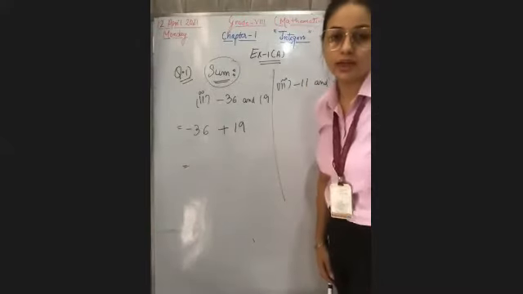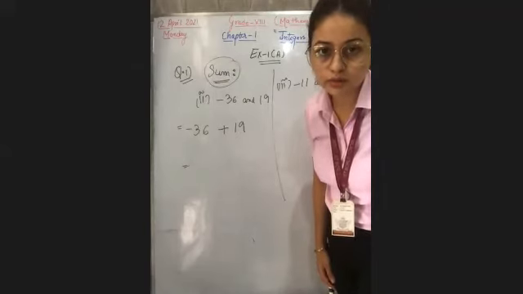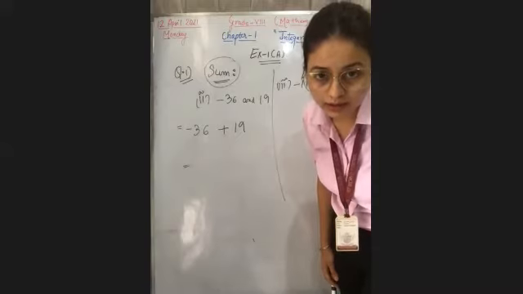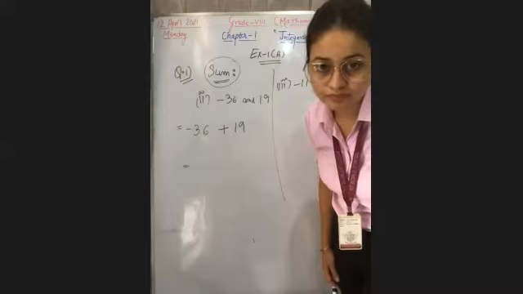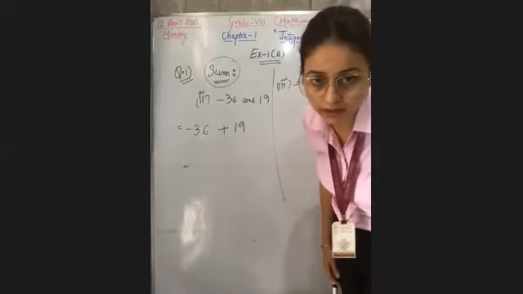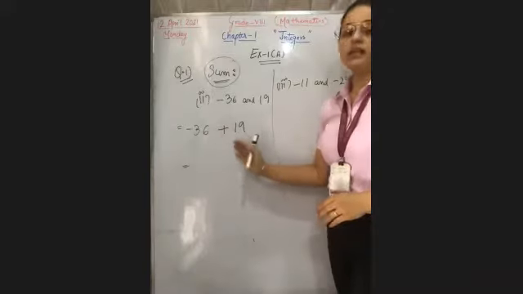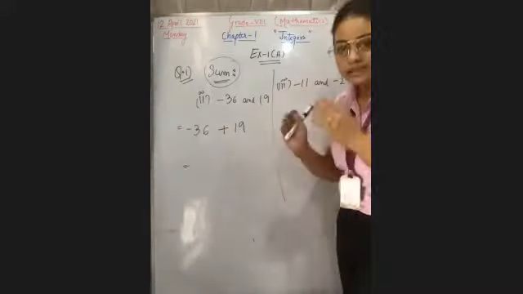Yeah, very good, Shreya, Sanchit, Naman, Rushil, Gurnur, Mishti, Vanya, Harmanpreet, Ramandeep, Shaurya, Ekam, very good. If we have two values, one negative and one positive, we will always do subtraction.